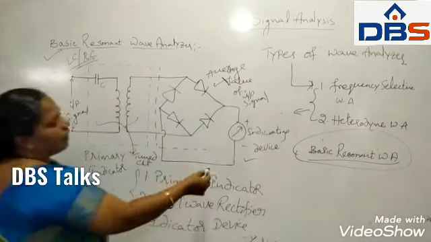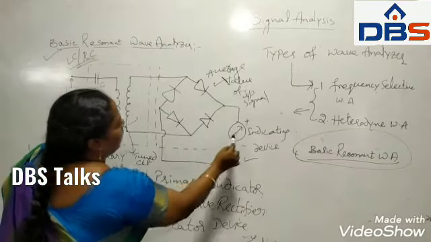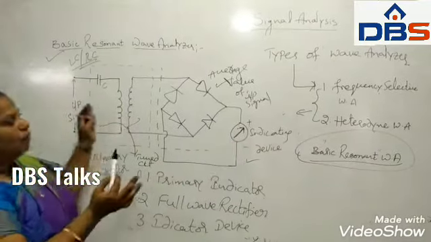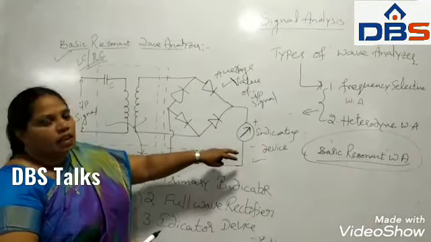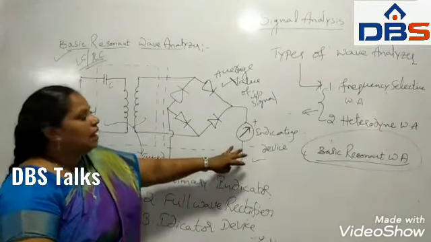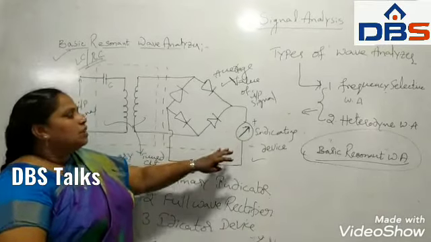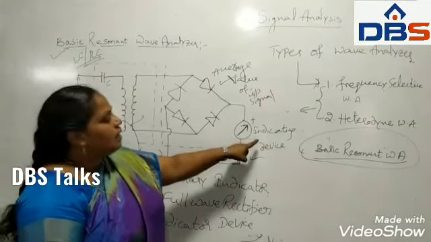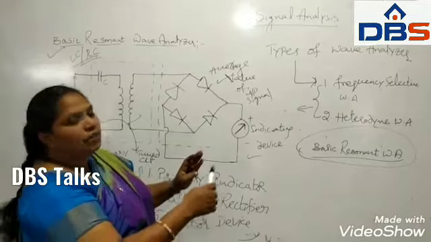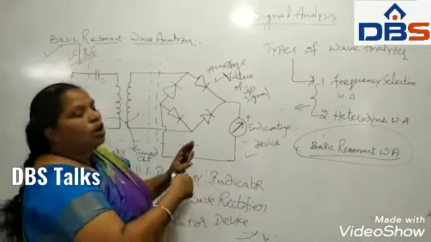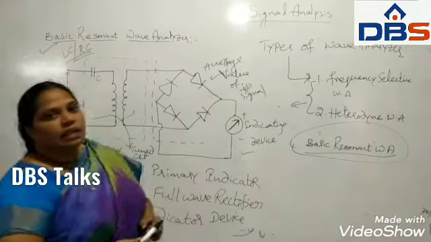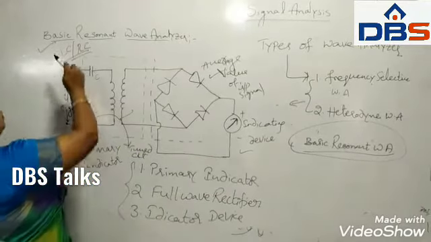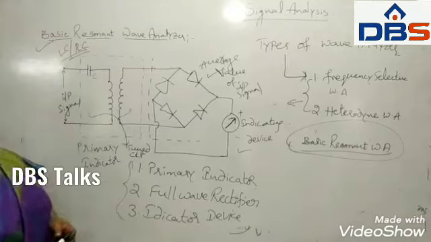Then it is connected to the indicating device. Here the complex form of the signal is separated into a single frequency signal using the indicating device. In the indicating device we can connect different types of filters, or a larger number of filters. So this is the simple basic resonant wave analyzer.